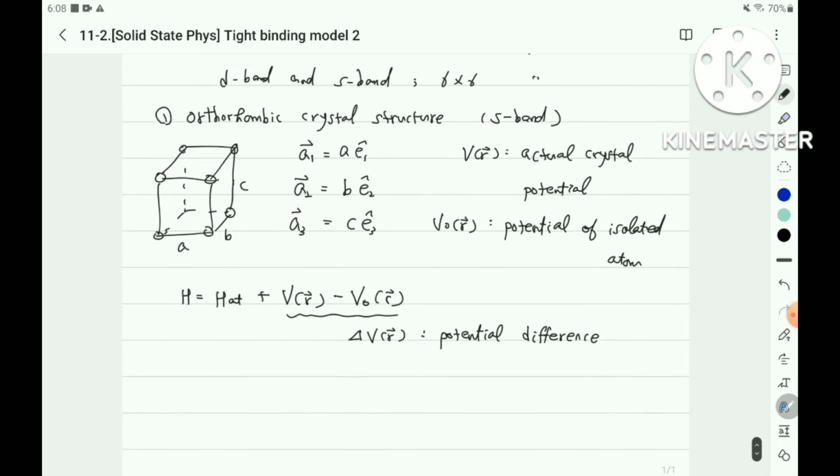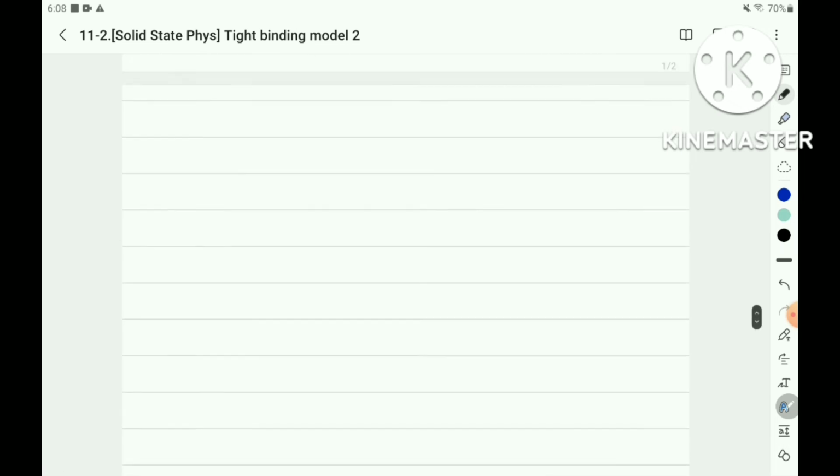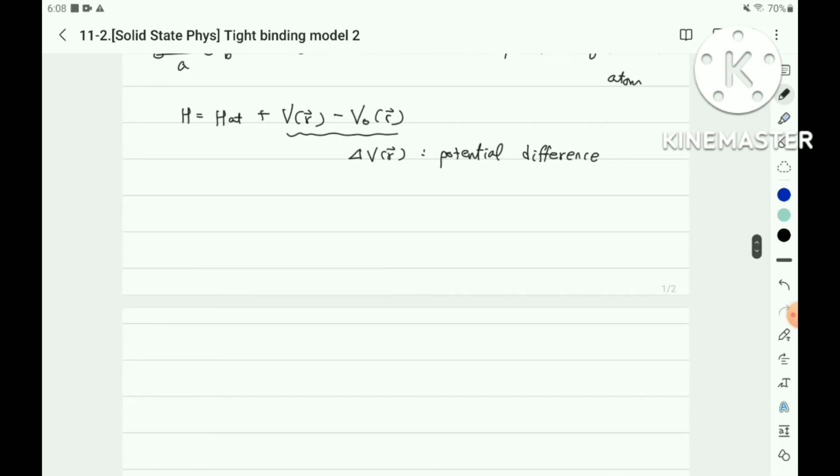We should solve the Schrödinger equation, H psi_k(r) equals energy times psi_k(r).